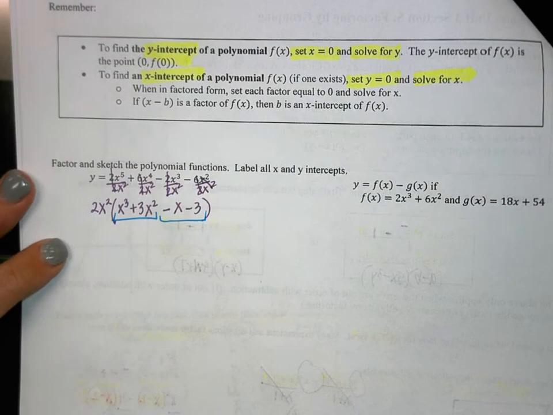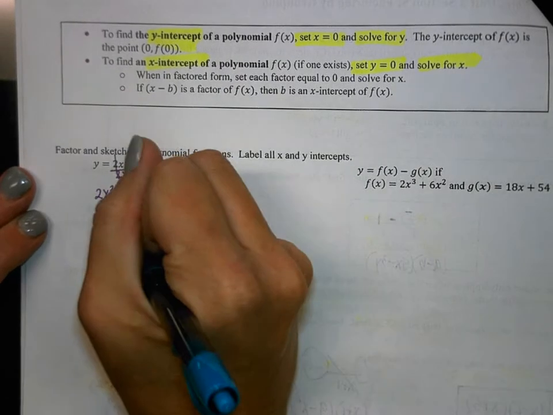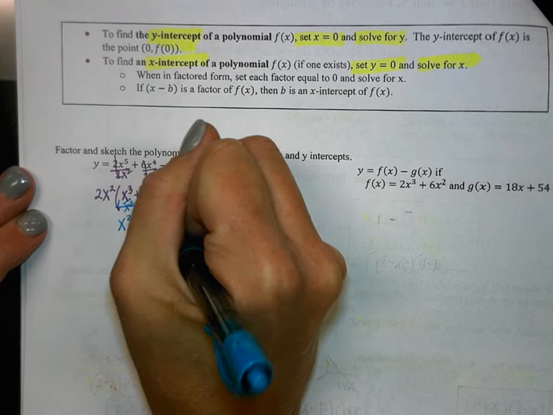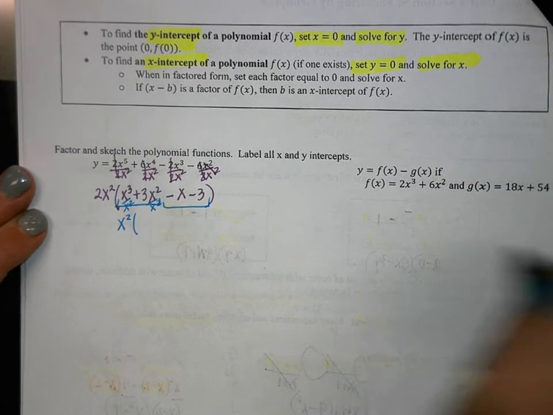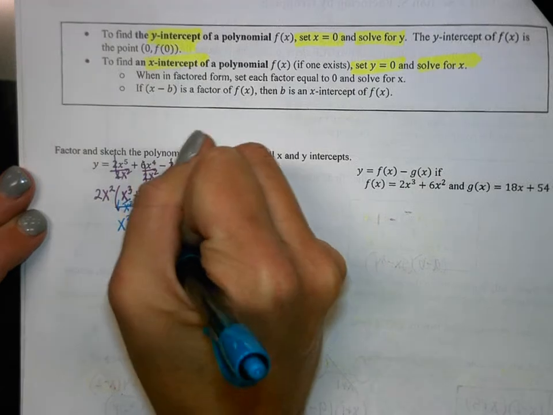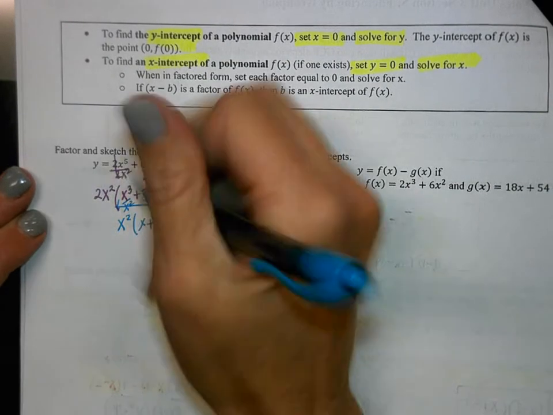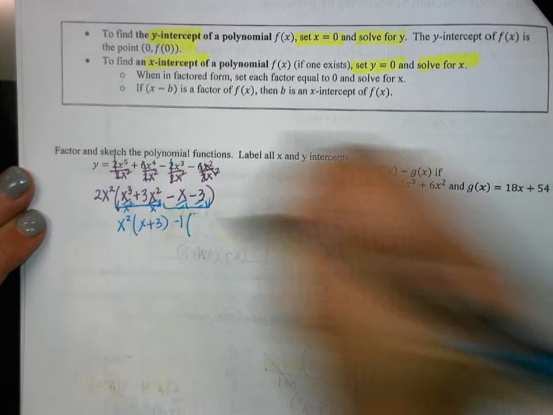What is the GCF of that first group? X squared. You divide each of these by x squared, and what are you left with? X plus 3. Good. What's the GCF of the second group? -1. Very good. And when I divide each of these by -1, what am I left with?